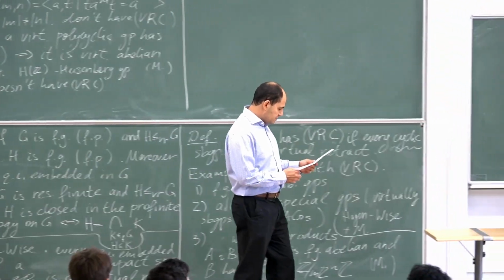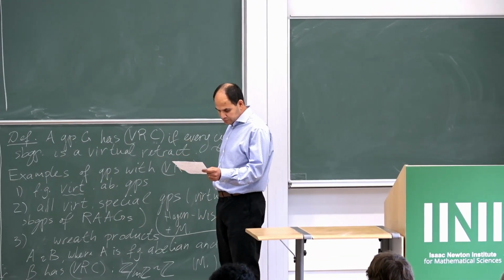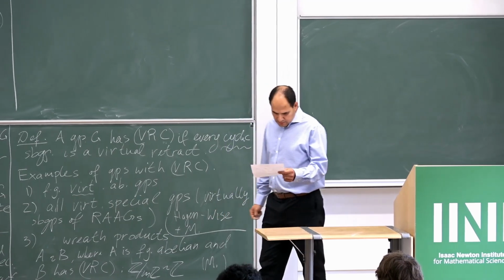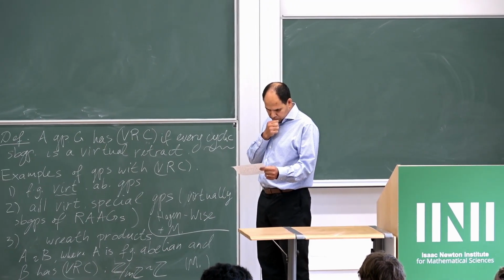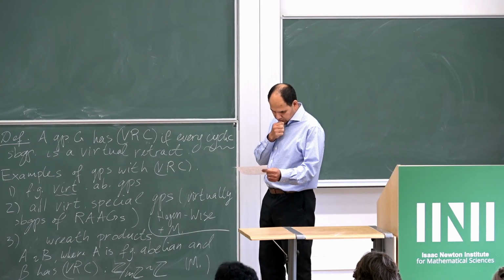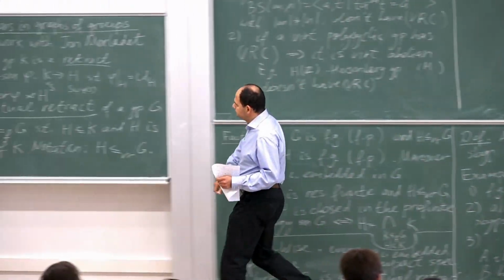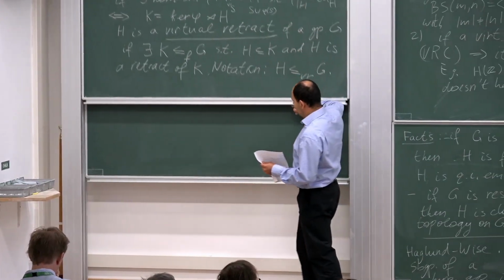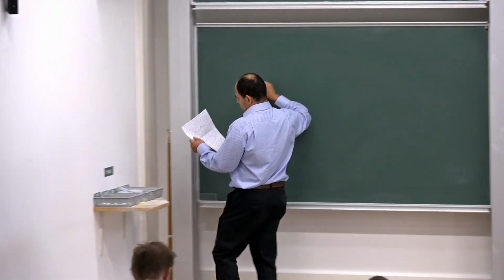Okay, so I want to discuss when this is closed under graphs of groups. Before I do that, I probably want to state a proposition.